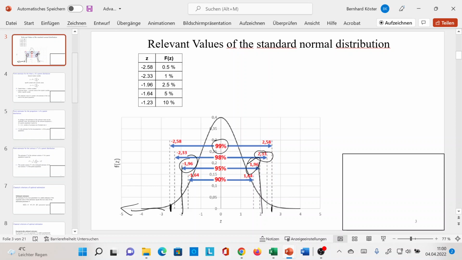And if we come from the left side from minus infinity until some specific number, and this area should in a whole be 99%, then of course we need this missing area of 0.5%. So from here to here we have this additional 0.5%, and up to here we are then from the whole left side at an area of 99%.